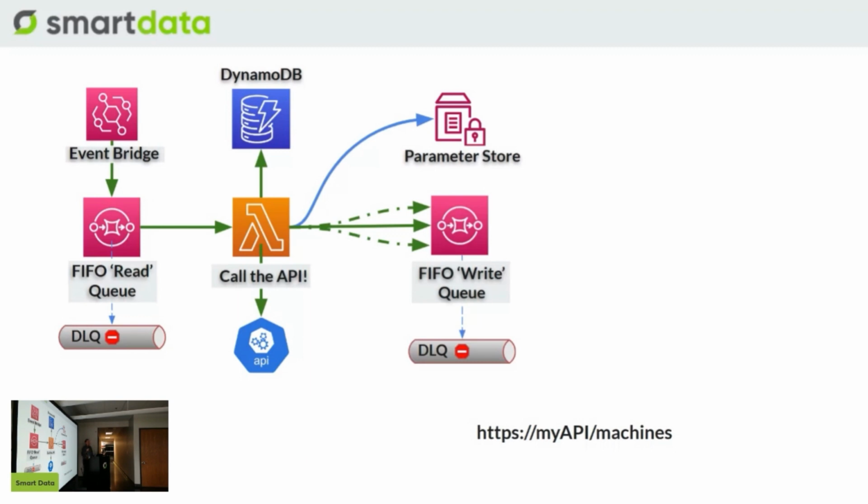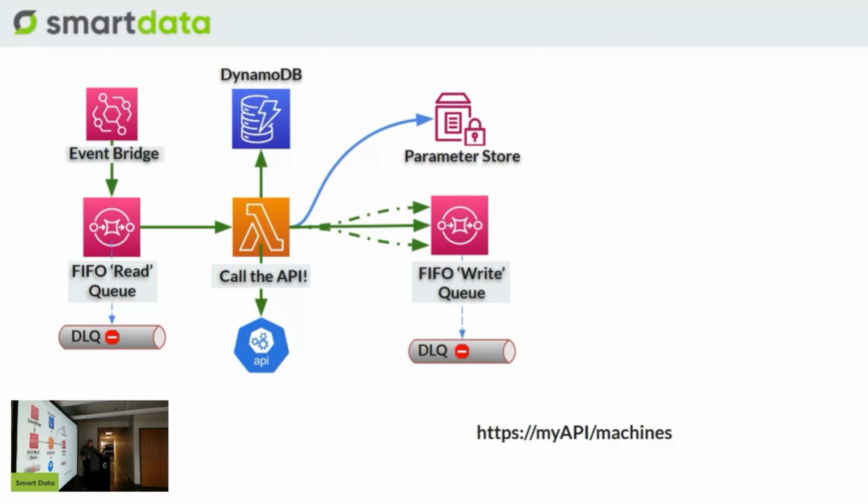So as part of our processing, we're chunking that data into smaller blocks and then sending multiple messages into the write queue. You can see it's a FIFO queue. They're all FIFO queues. We configured them to be such so that if I have 10 megs of data and I'm sending it in 200K blocks, because I don't want to completely run on the edge, it will process them all in order.